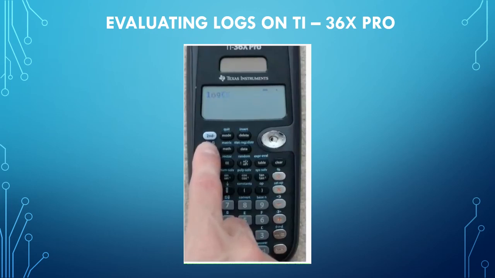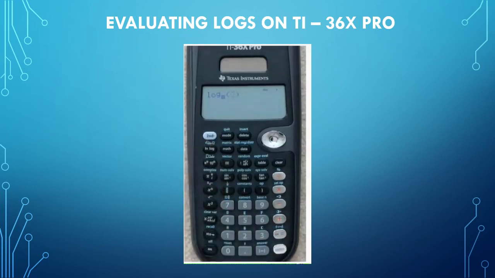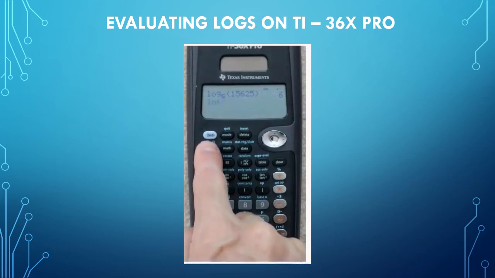You hit it again, you get log base 10. If you hit it again, which isn't even on the label, you get log of any base. So log base 5 of 15,625 equals 6.